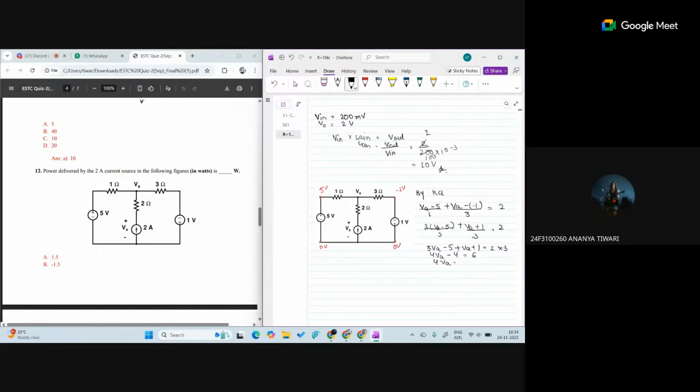Yes, I forgot to multiply the 3 here. So we get 4VA minus 14 equals 6. When you solve this, you will get VA is equal to 5 volt.